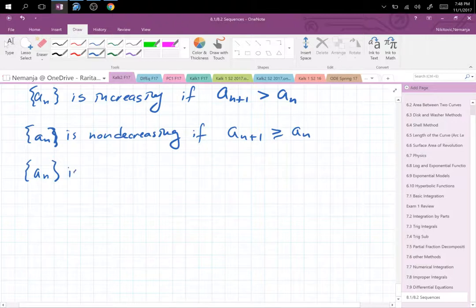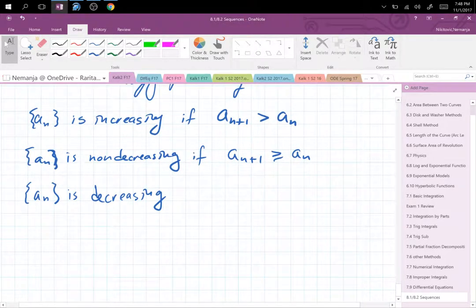What about a sequence that is all 1, 1, 1, 1, to infinity? Is that non-decreasing as well? Yes. But we are going to say that that's monotonic. That's the next part. So a sequence is increasing, non-decreasing, and then it's decreasing if the next term is less than a_n.